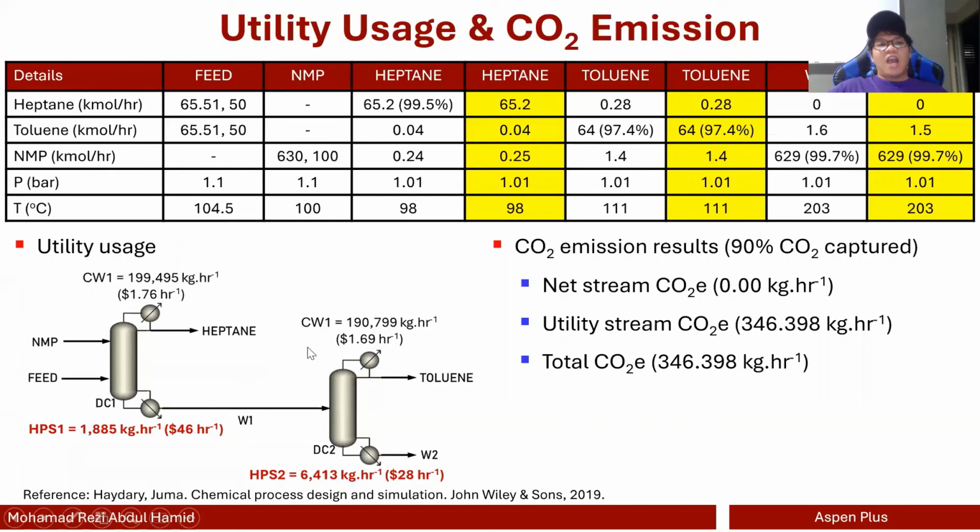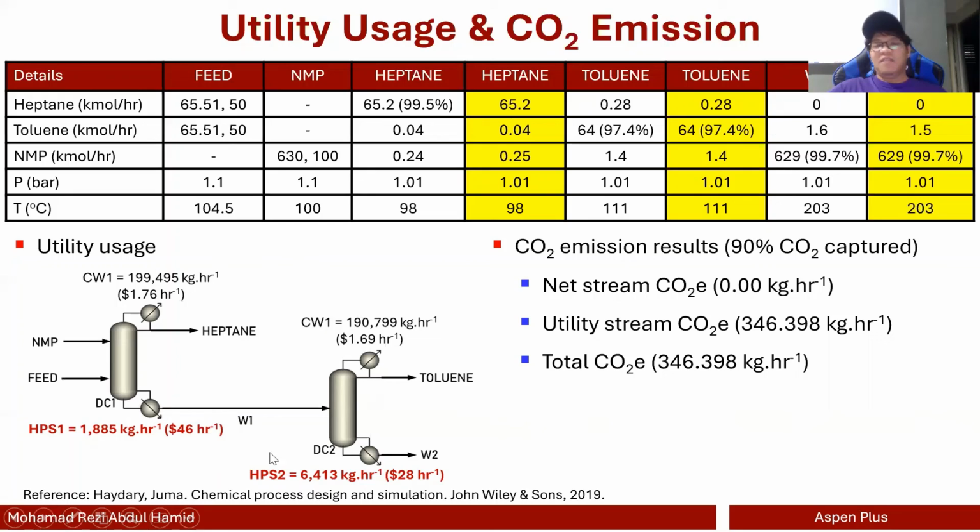After that, I was able to do some carbon dioxide tracking for my plant for generating the utility. Because my stream does not contain any of the greenhouse gases, my net stream is 0.